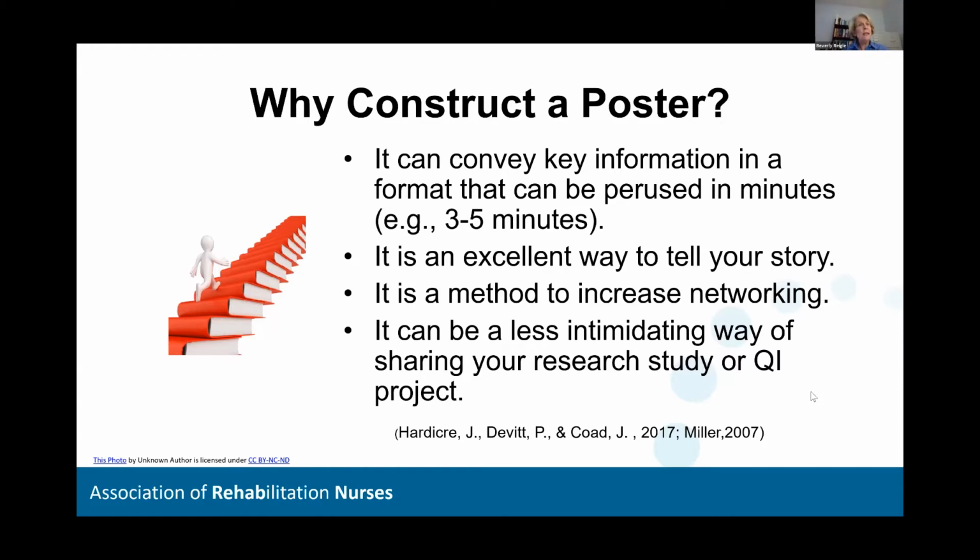The other thing is, it's just wonderful to talk with people and learn more about what they're doing in their part of the country, perhaps, or it could be international, some other country, and finding out ways that they're dealing with some of the issues that you have dealt with, either with your research study or the quality improvement. It also can be a very less intimidating way of sharing your research study and QI project.